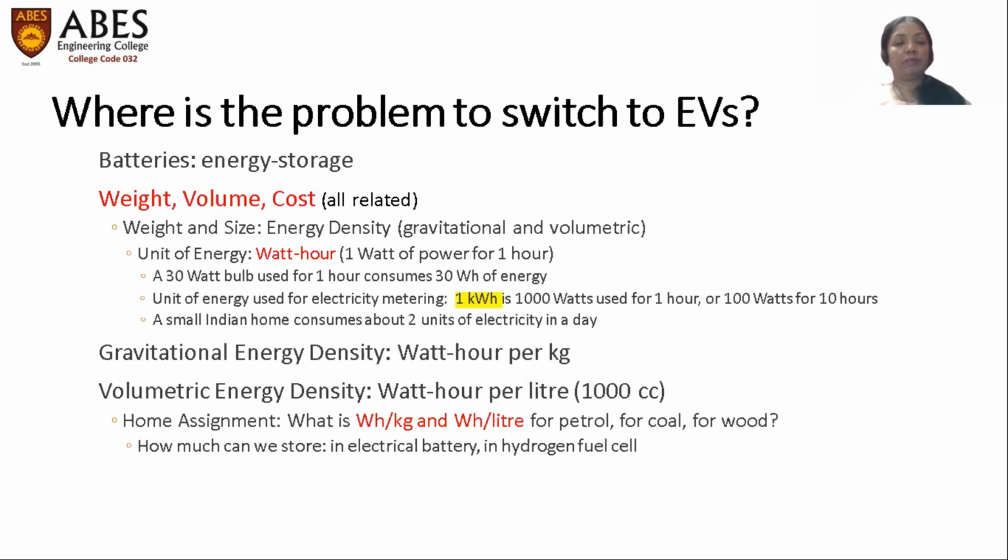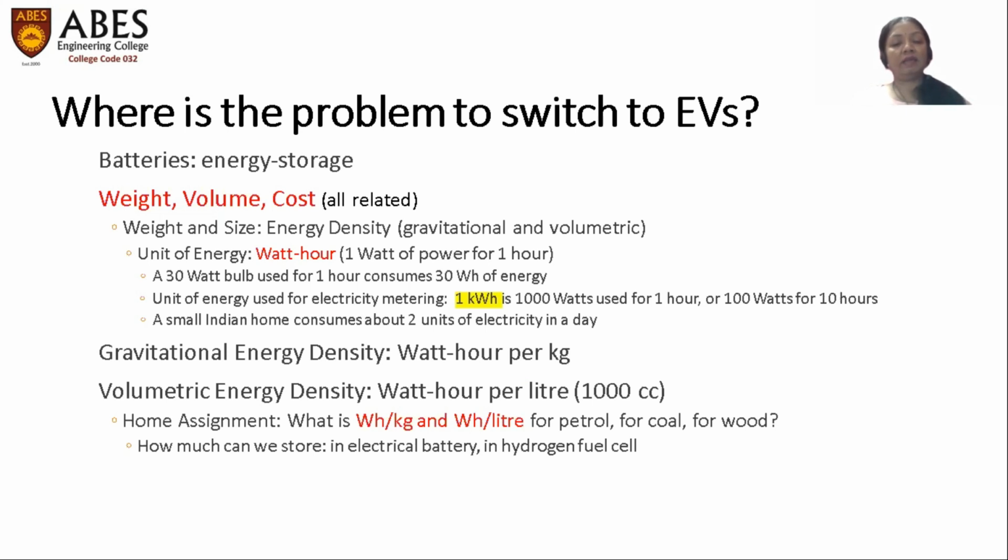Challenges are majorly on the energy storage part. First we need to understand what we mean by energy storage. To understand it, we need to understand two terms. The first is gravimetric energy density, which is measured in watt hours per kilogram. That means corresponding to 1 kilogram of fuel, how many watt hours would be generated.